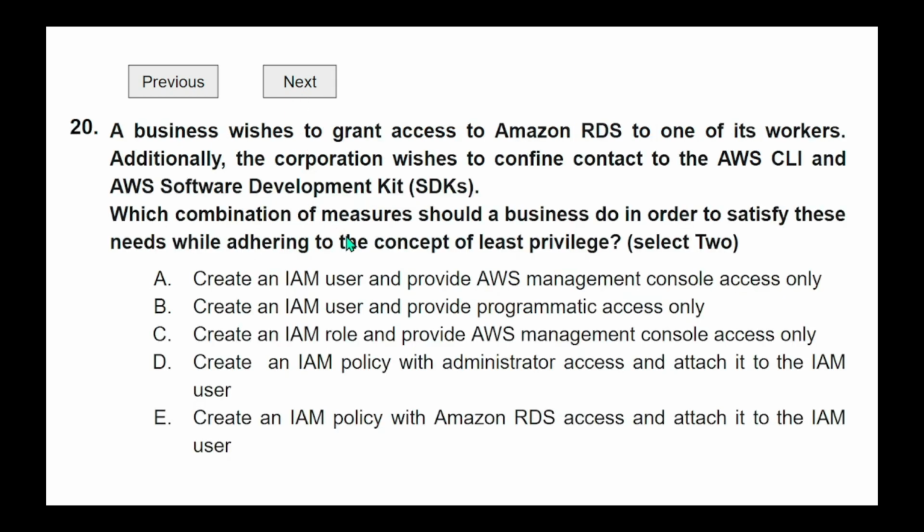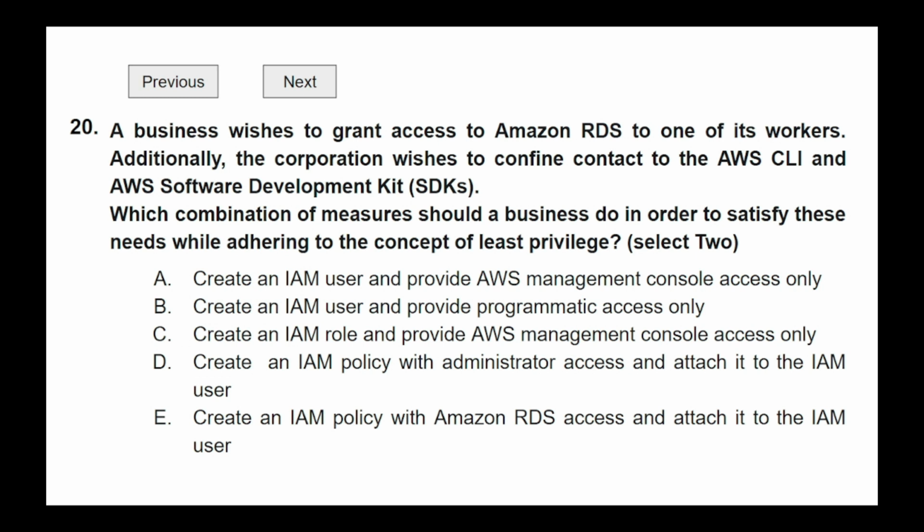Question 19. A business wishes to grant access to Amazon RDS to one of its workers. Additionally, the corporation wishes to confine access to the AWS CLI and AWS SDKs. Which combination of measures should a business take in order to satisfy these needs while adhering to the concept of least privilege? Select 2. Option A, create an IAM user and provide AWS Management Console access only. Option B, create an IAM user and provide programmatic access only.